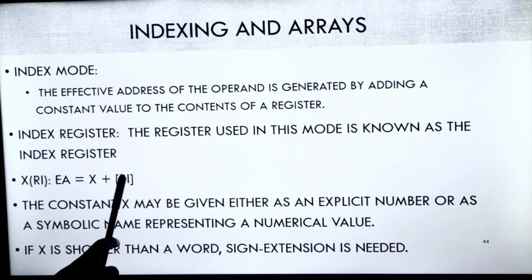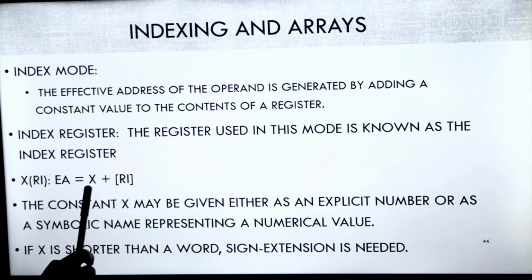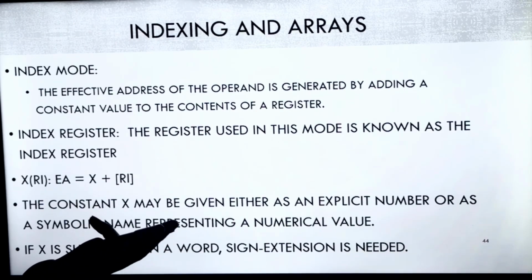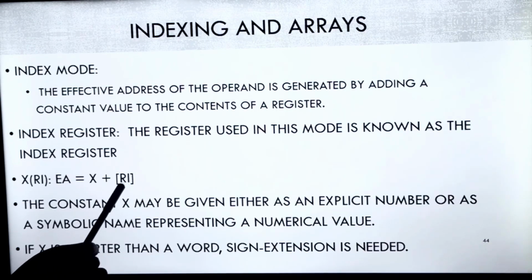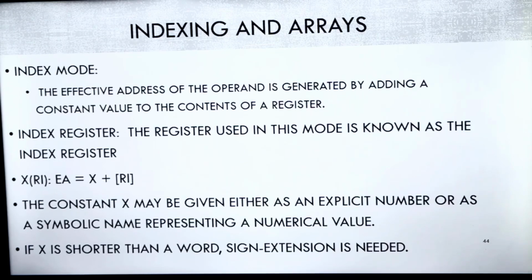That means this Ri is a special type of register where the base address of the array is stored. If I go to this particular location Ri, I will get the starting address of the array. If I take X, meaning I know how many times I need to jump, then easily I can get the data by getting the starting address and the jump, or offset. Fine. So this is how it works.